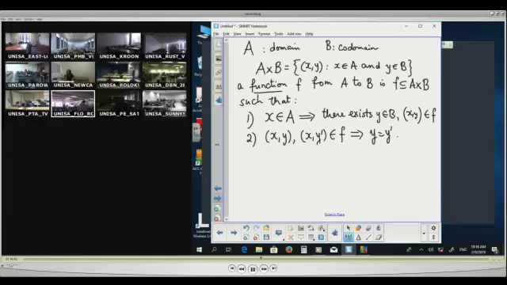So how do I represent it by conditions? The first condition says everything in this domain must have an output. So that is the first condition.